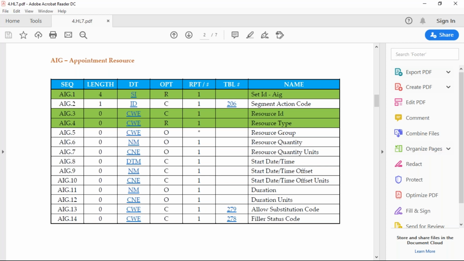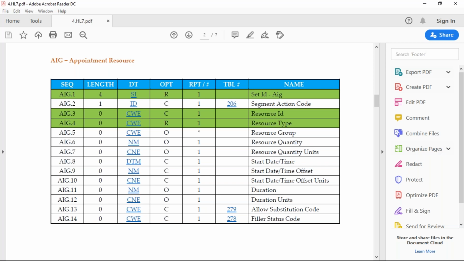The X-ray will have its own provider who is assigned to take the X-ray and document his findings, right? So in scenarios of this kind, when an appointment is being scheduled for an X-ray room or an MRI room, then AIG3 and AIG4 will have that room ID or the room information, and the AIP segment will have the radiologist information, who is actually assessing or taking care of those X-ray assessments.